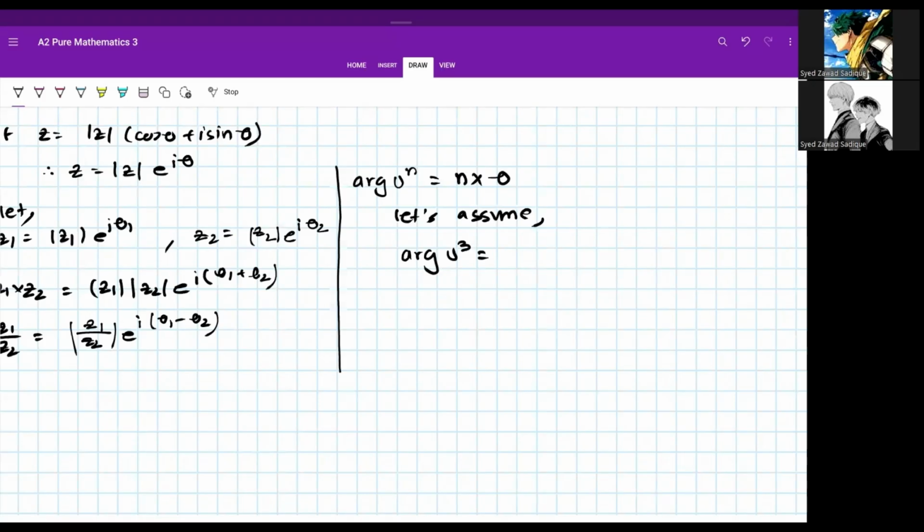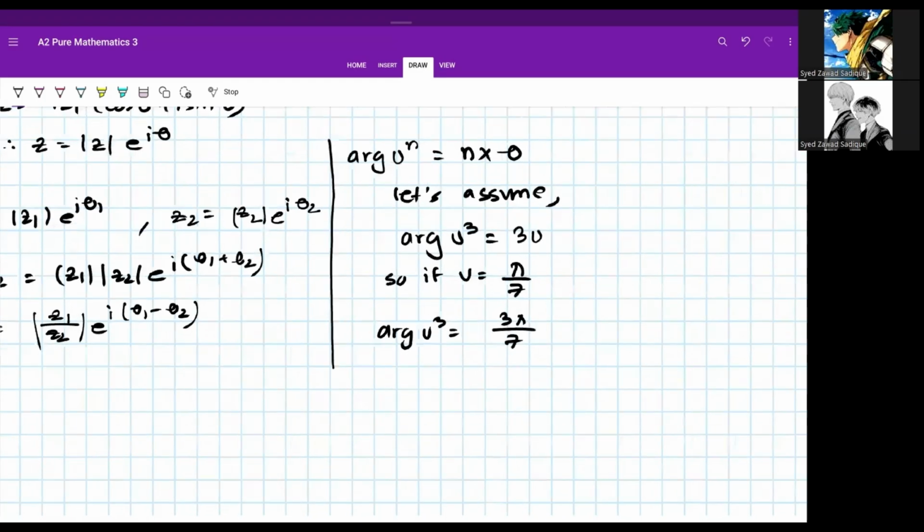That would be 3 times arg u. So if arg u is equal to pi by 7, arg u cubed is equal to 3 pi by 7. Very niche example, but you will see this as you do question papers. I really can't elaborate further on this.